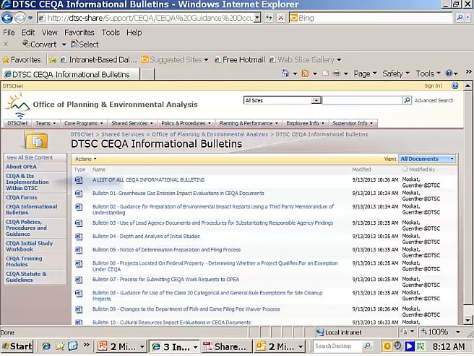On the left bar, you'll see our mission statement, upcoming training announcements, public notices of CEQA documents, CEQA informational bulletins, policies and procedures, the DTSC initial study workbook that walks you through the initial study process, training modules such as the Bay Area Air Quality Management District information, CEQA implementation within DTSC, and guidance for use of the Class 30 categorical and general rule exemptions for small cleanup projects, along with sample documents.